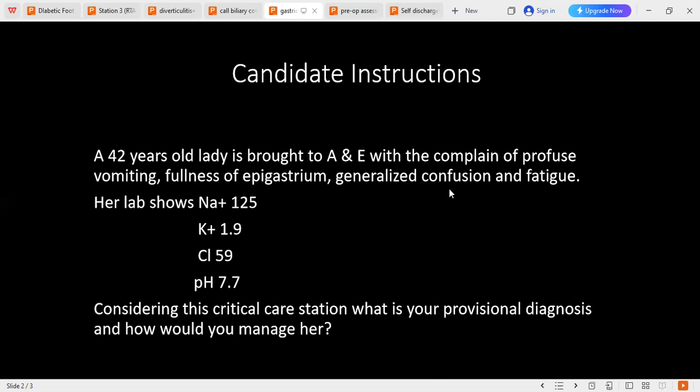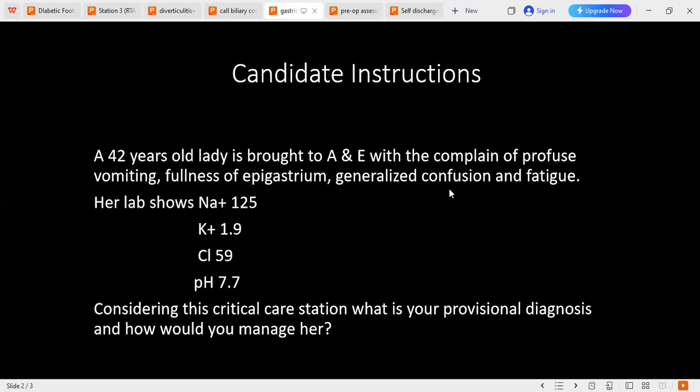There are certain labs shown in front of you. Please comment on them. The potassium and chloride levels are low, and the pH is at an alkalosis level. This is demonstrating hypokalemic, hypochloremic metabolic alkalosis.